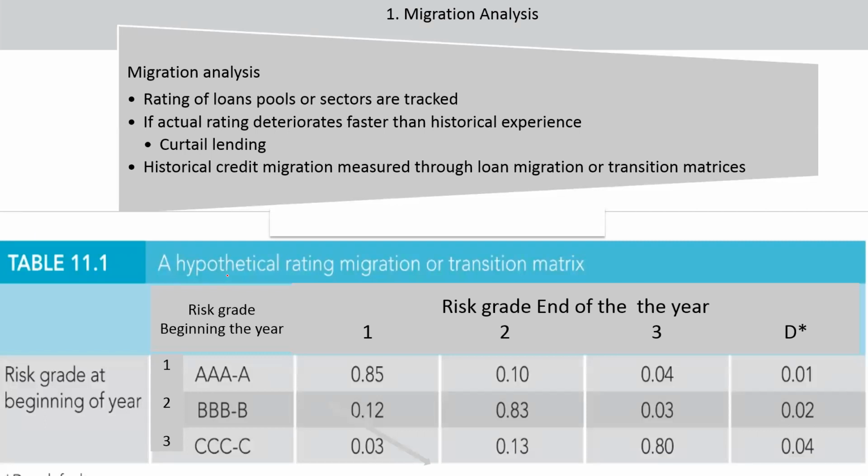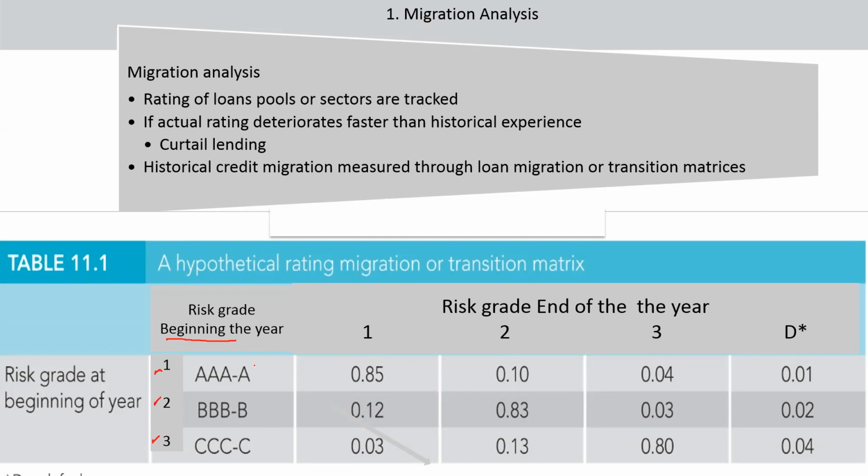Migration analysis is a very simple concept. If this is the rating at the beginning of the year, we have 3 stocks, 1, 2, and 3. One of them is AAA, one is BBB, and one is CCC.